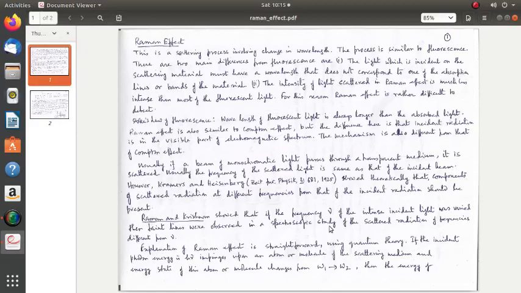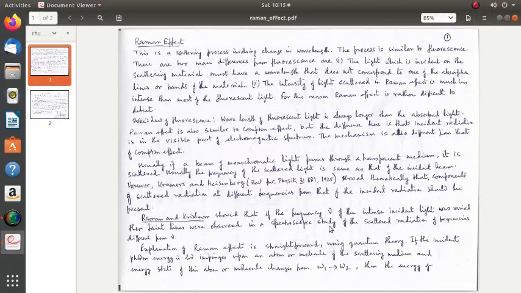So that was the experimental work of Raman and Krishnan, for which they won the Nobel Prize. Professor Raman won the Nobel Prize in 1930. So that was the work. The work was that if the frequency of the intense incident light was varied, then faint lines were observed in a spectroscopic study of the scattered radiation of frequencies which are different from the incident frequency nu.